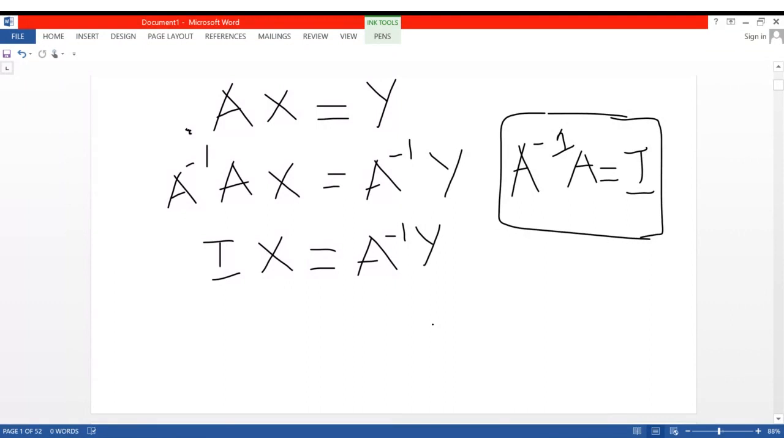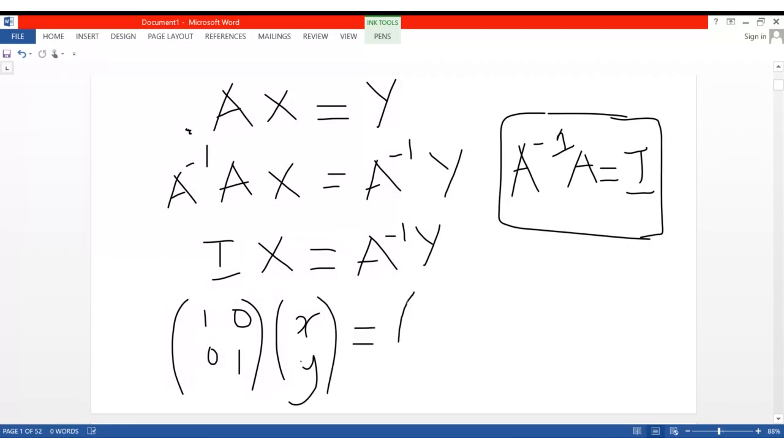Our I is 1, 0, 0, 1. Our X is x, y. And our A was a1, b1, a2, b2.